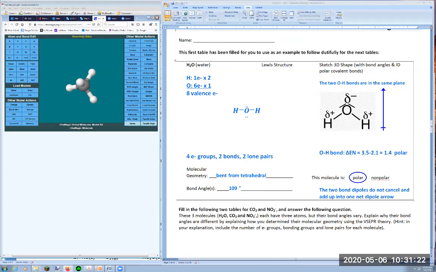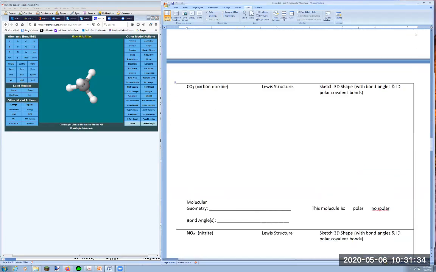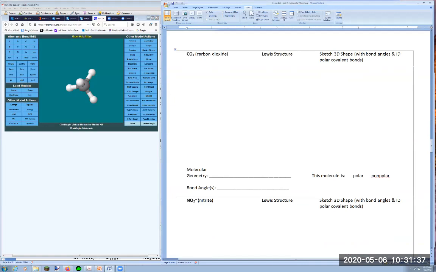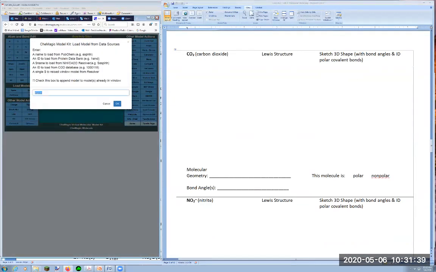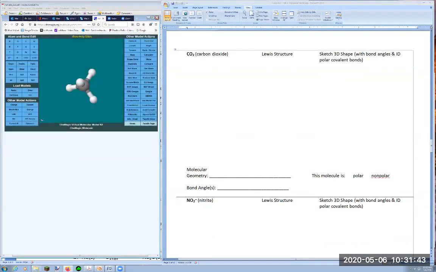There is a way to build molecules, but it can get complicated. So the easiest way to use ChemMagick is to enter the name of the molecule as you see it in parentheses next to the formula, right? For example, carbon dioxide. You enter carbon dioxide.